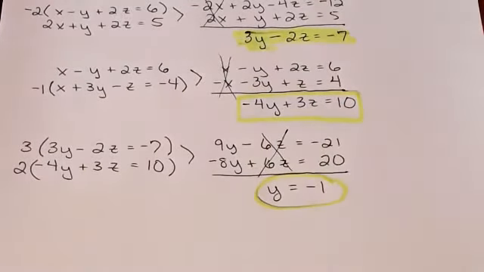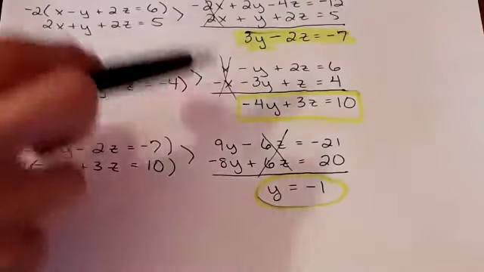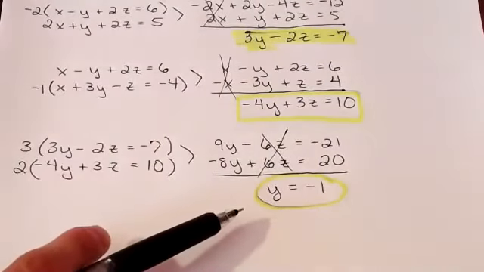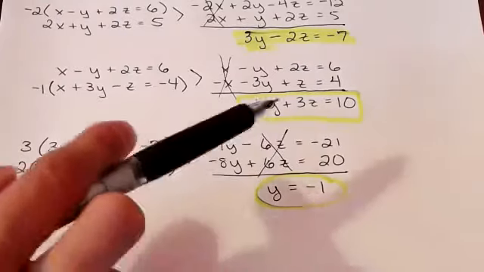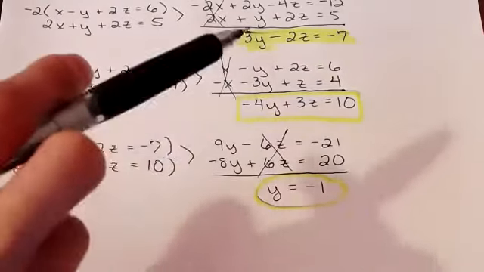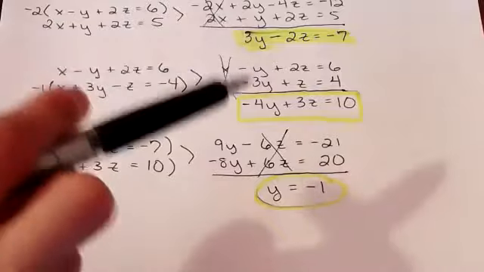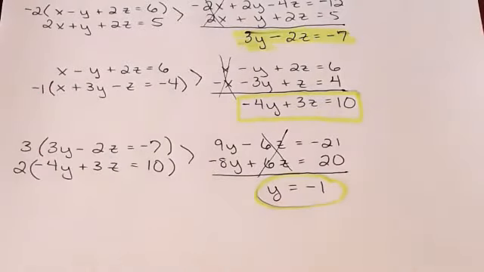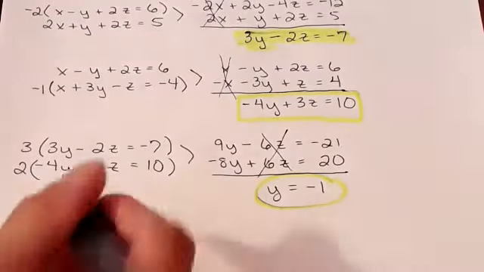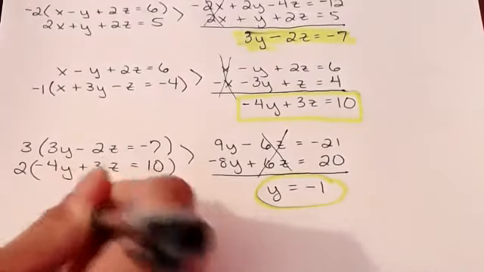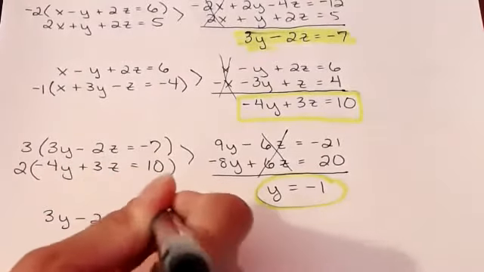So I went from 3 equations to 2 equations to 1. Now I'm going to take my negative 1 and plug it back into one of the 2's. It doesn't matter which one we plug back into. So I'm going to go ahead and plug it into 3y minus 2z equals negative 7.